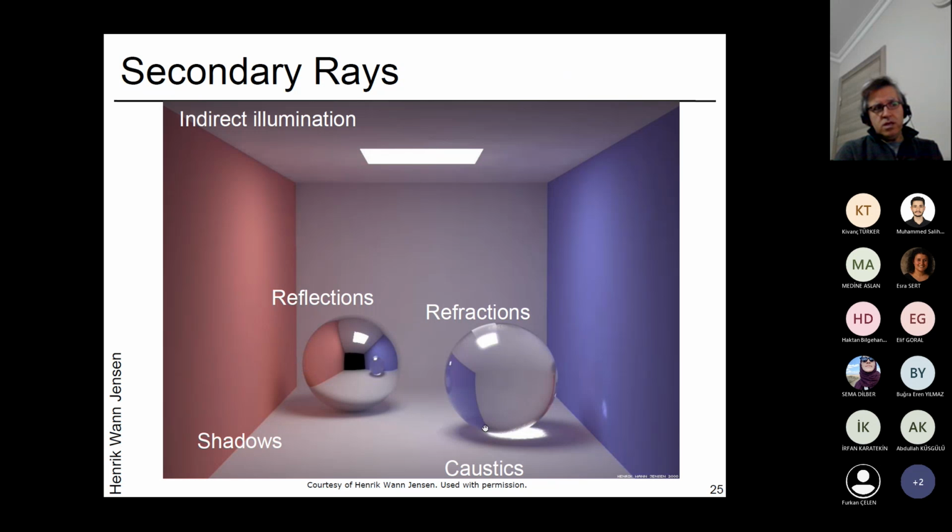There are also refractions and caustic effects and so forth. These are very realistic things as far as the physics of light is concerned, and you can use secondary rays or ray tracing techniques to generate this.